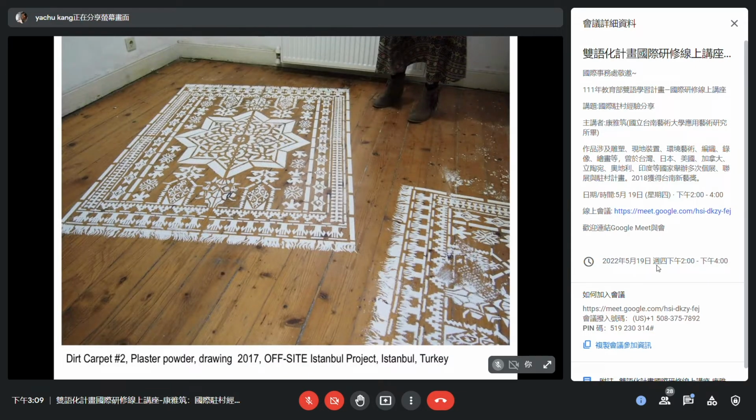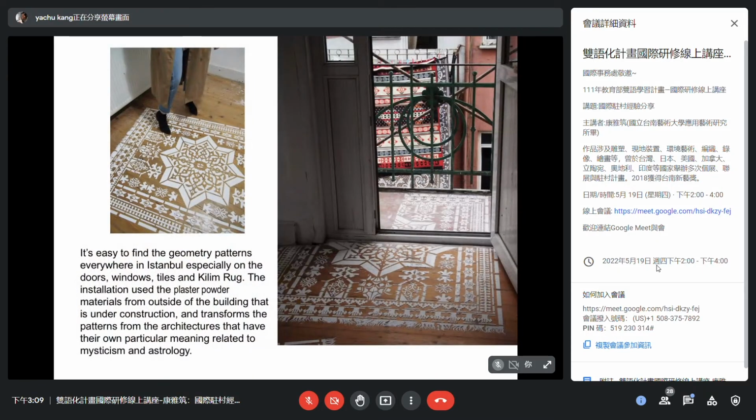And I also did this dirt carpet in Turkey, in Istanbul. I was inspired by the Kirin rock. It's easy to find the geometry pattern everywhere in Istanbul, especially on the doors, windows, tiles, and Kirin rock.